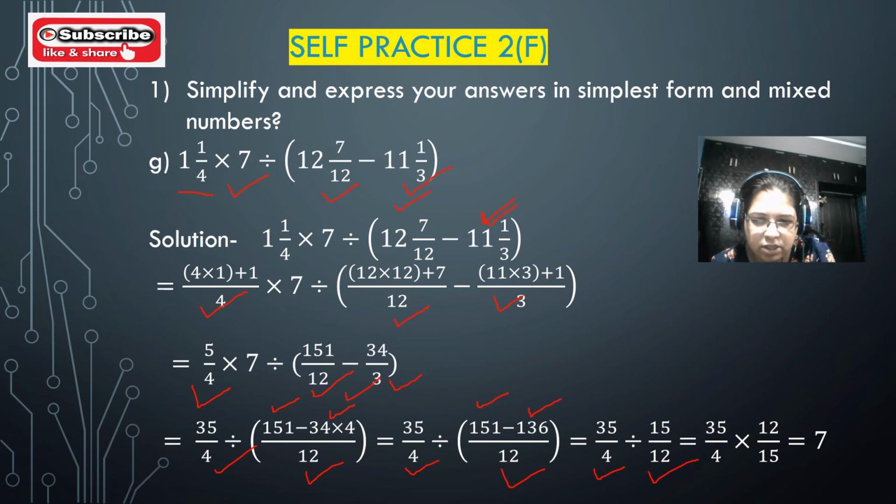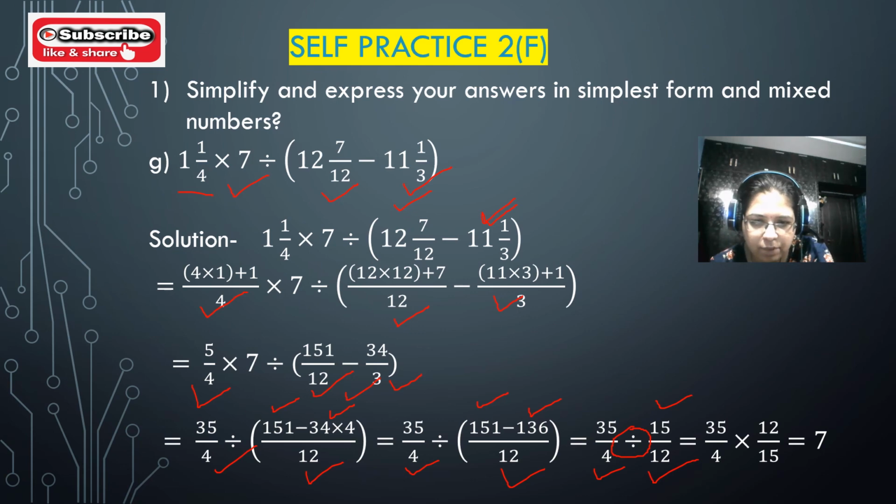Now we change this division symbol into multiplication symbol. So just multiply with the reciprocal of this fraction 15/12. The reciprocal of 15/12 is just interchanging the numerator and denominator, that is 12/15.